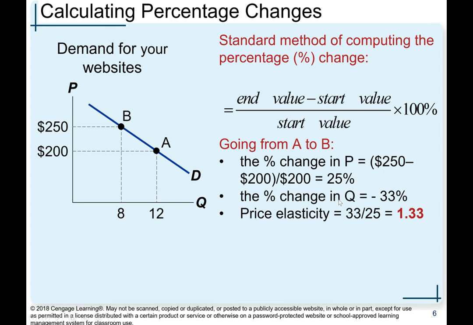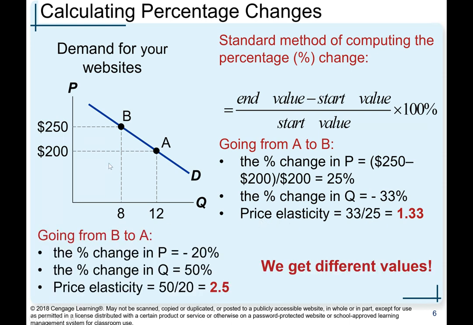The percentage change in quantity is negative 33%, which means the price elasticity is 33 divided by 25, and that's 1.33. Going from B to A, the percentage change in price is 20%. The percentage change in quantity is 50%. So the price elasticity is 2.5.